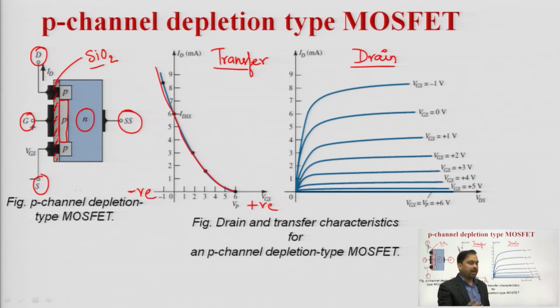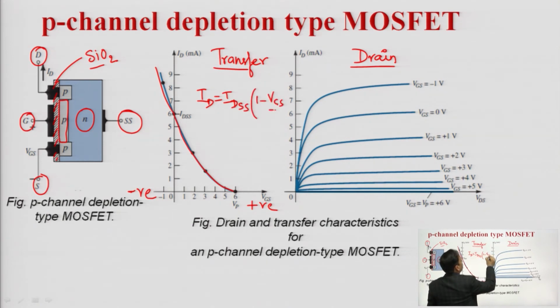And again the shape can be predicted with the help of this equation, ID equals IDSS (1 minus VGS by VP) whole square. We can predict the shape of the transfer characteristics with the help of this particular equation.